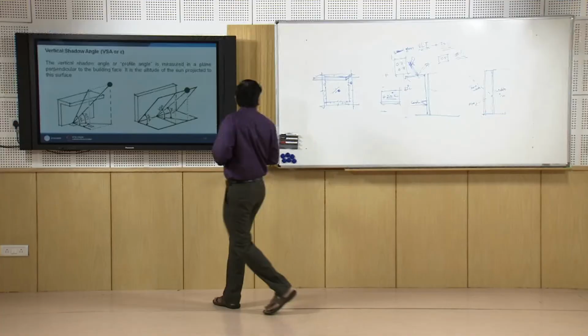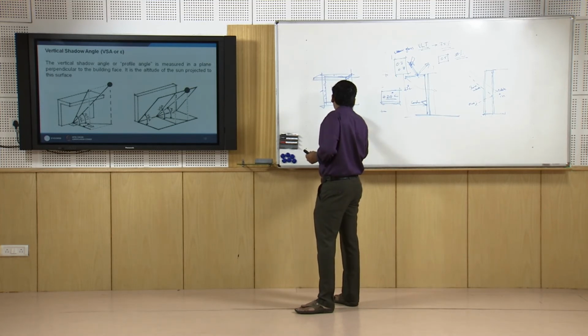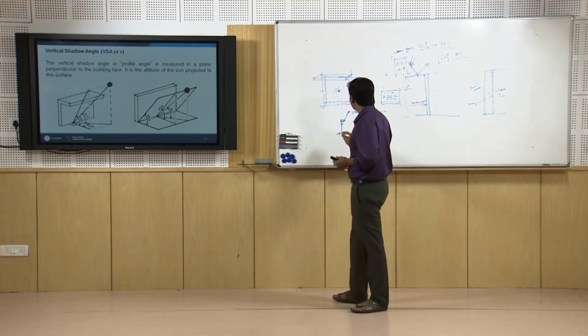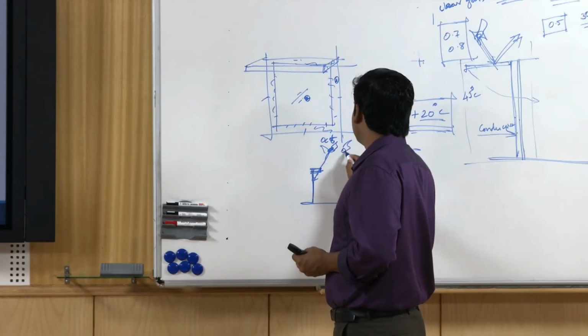For example, you have a window, this is a south oriented window, and the sun is here during October, coming here. So you want a cutoff, and you have provided a shading system like this. Then in December, this is October, in December you are going to get sun at this point.